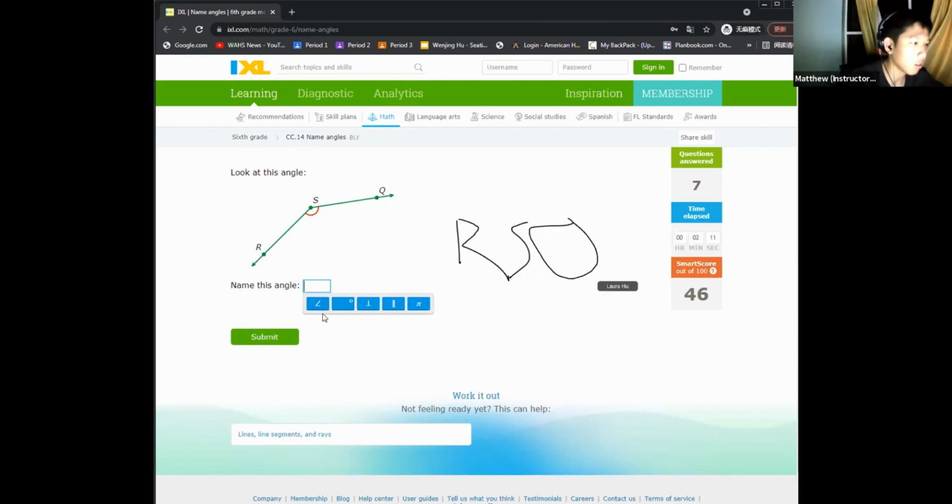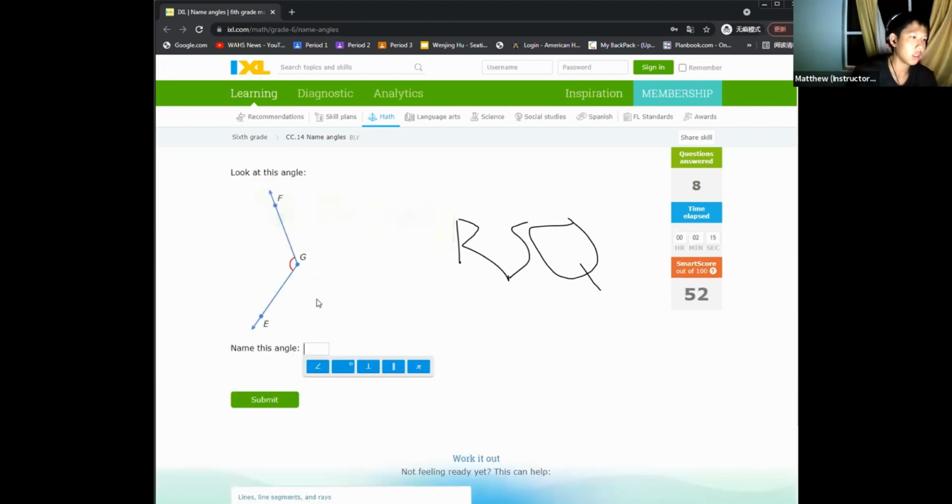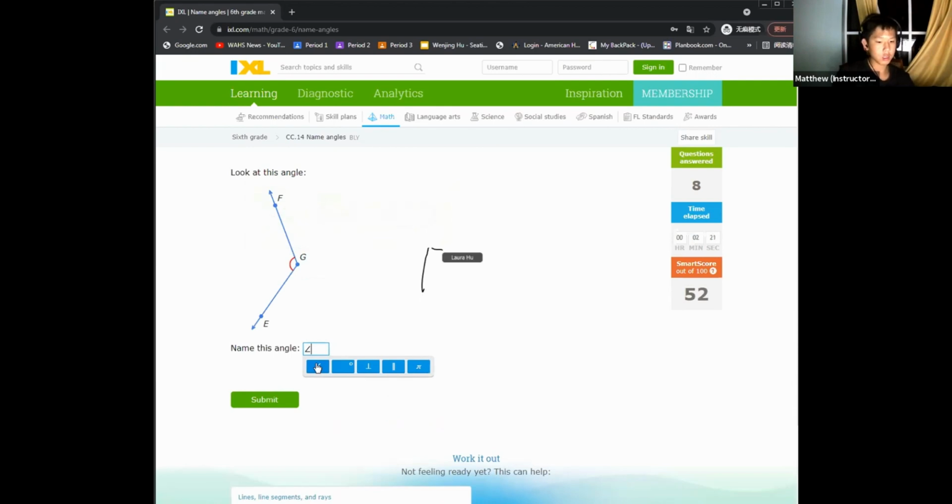But this one, angle RS2 is correct. But this one. SGE is correct.